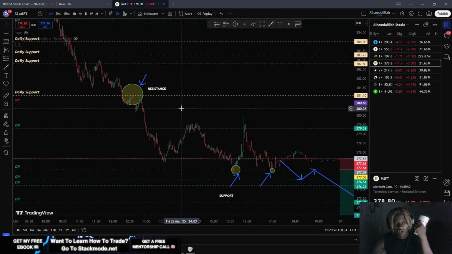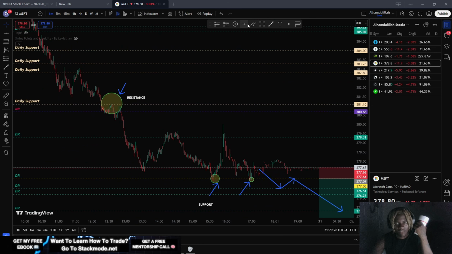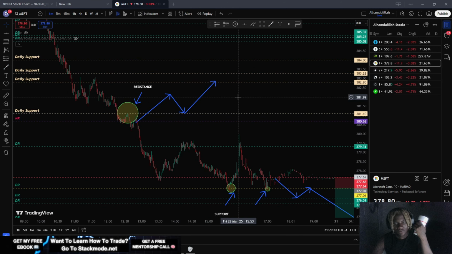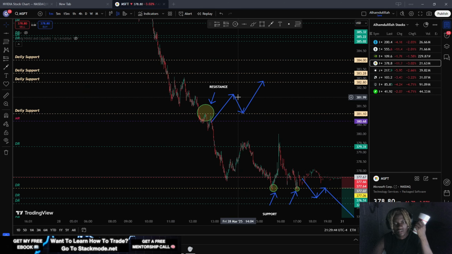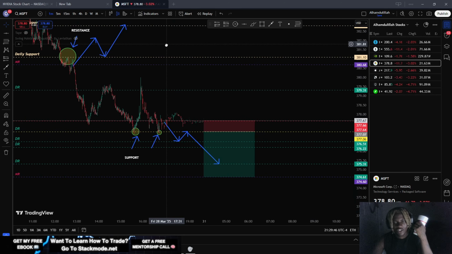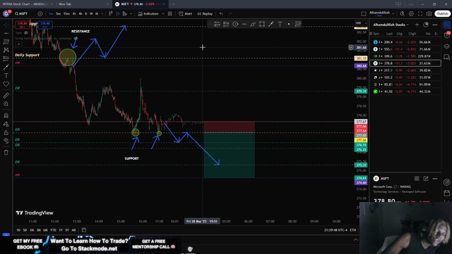If I'm going to long, I'm going to wait for an area of resistance to be broken. I'm going to wait for price to get above it, pull down, and take it back up. Okay? So if I'm going to short, I'm waiting for an area of support on the smaller time frames to be broken.